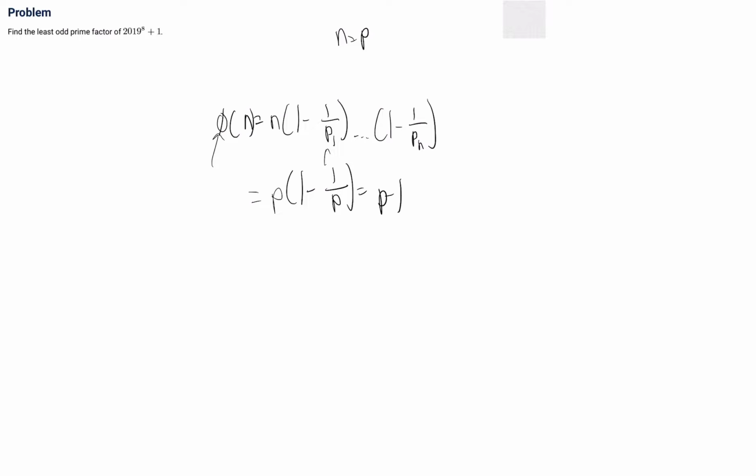Phi of n is equal to n times (1 minus 1 over p1), and so on, all the way until (1 minus 1 over pn), where these are the prime factors. You might be wondering, what if n is a prime? Then this would just be p, because the prime number has no prime factors. But that's actually wrong. The prime number has itself as a prime factor. So it would be p times (1 minus 1 over p), and that's p minus 1. That's why it's p minus 1, not p.